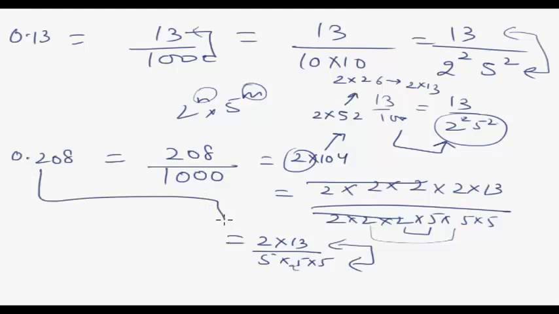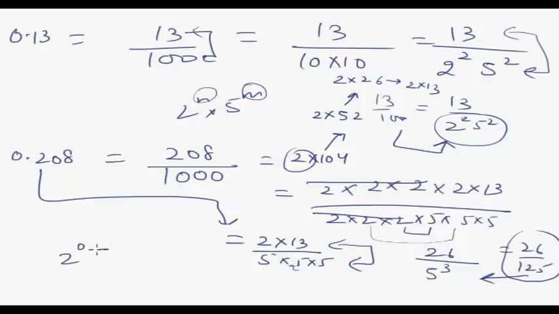Thus this 0.208 is again expressed as 26 over 5 cube, or simply 26 over 125, that is p by q, where p and q are co-primes. And again this q is expressed as 2 raised to power 0, 5 raised to power 3, that is in the form 2 raised to power n into 5 raised to power m, where n and m are non-negative integers.